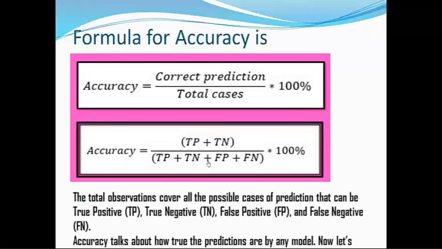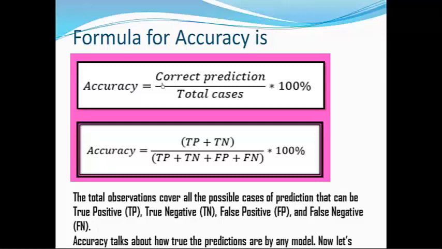Now check out the accuracy formula. Children, you have to remember this formula. It is compulsory, you have to practice this formula very thoroughly, because accuracy, recall, precision, F1 score will come and they are very important. Accuracy formula is correct predictions by total cases into 100. So the result will come in percent.